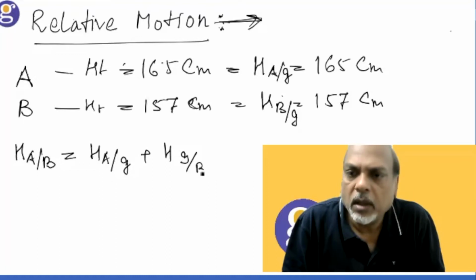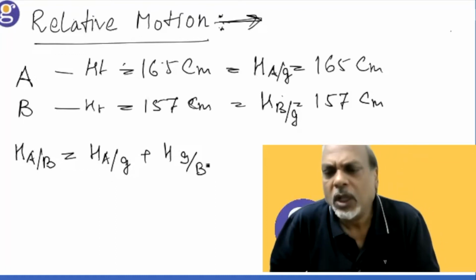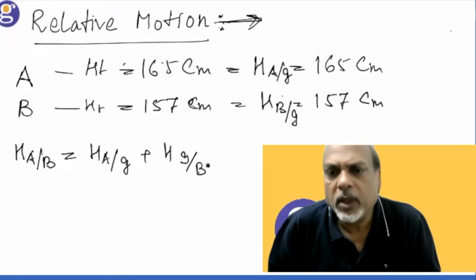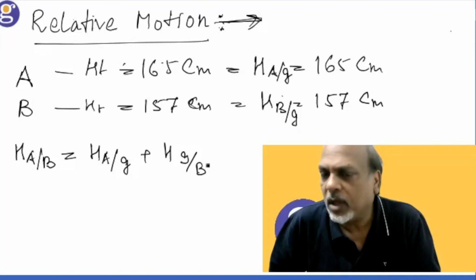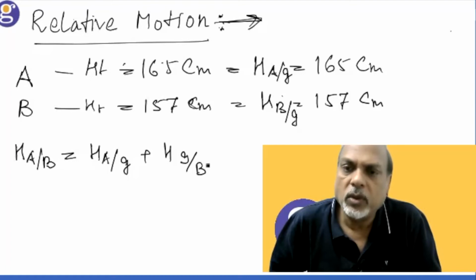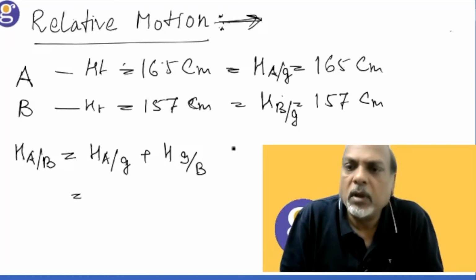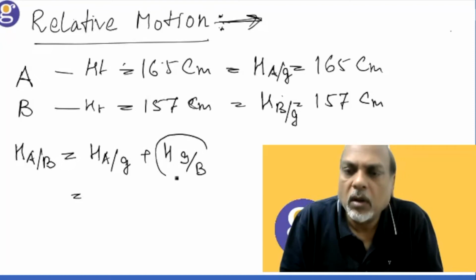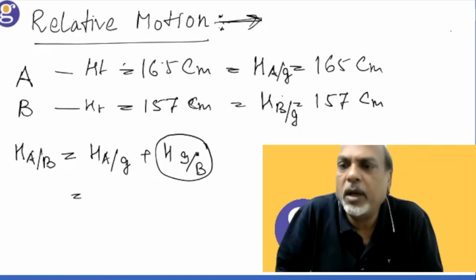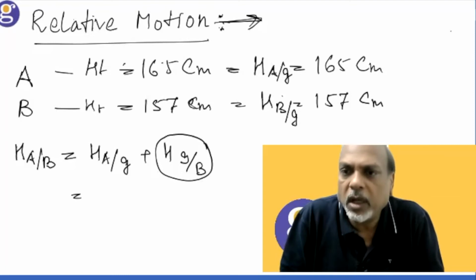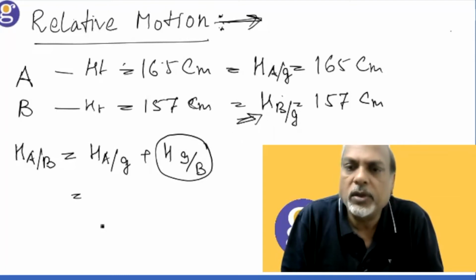Height of A with respect to B is basically height of A with respect to ground plus height of ground with respect to B. But this thing we have to modify a little bit because we are given not this, whereas we are given as this.